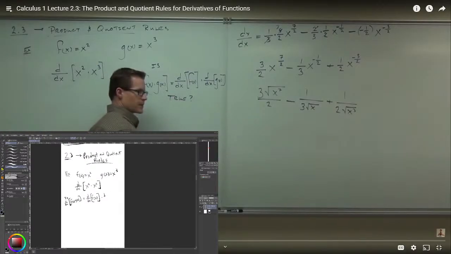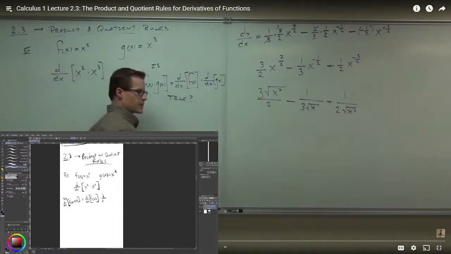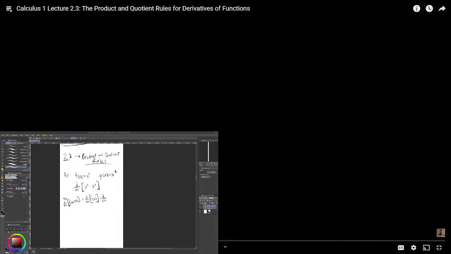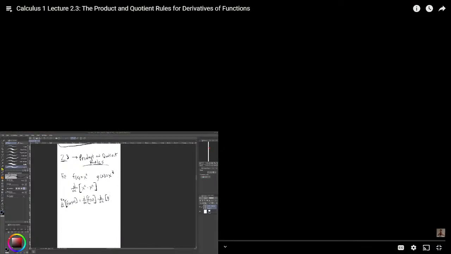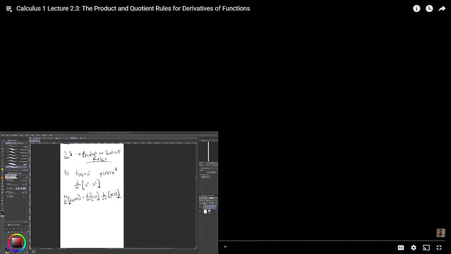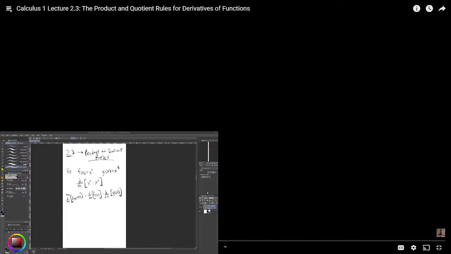Well, I guess I could just do it and find out. The derivative of f of x would be 2x, times the derivative of g, 3x squared.